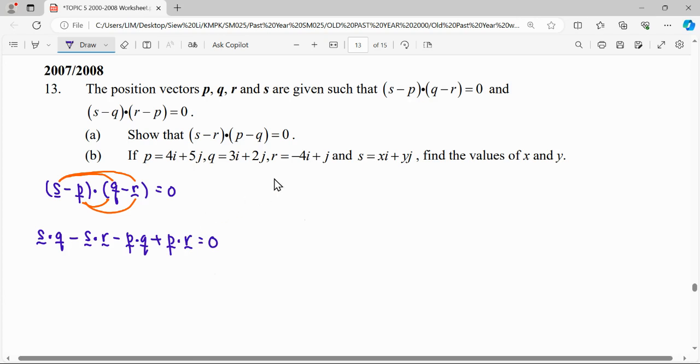And then for the second information, where (S minus Q) dot (R minus P), similar here, we expand the dot product: SR, SP, QR, QP.